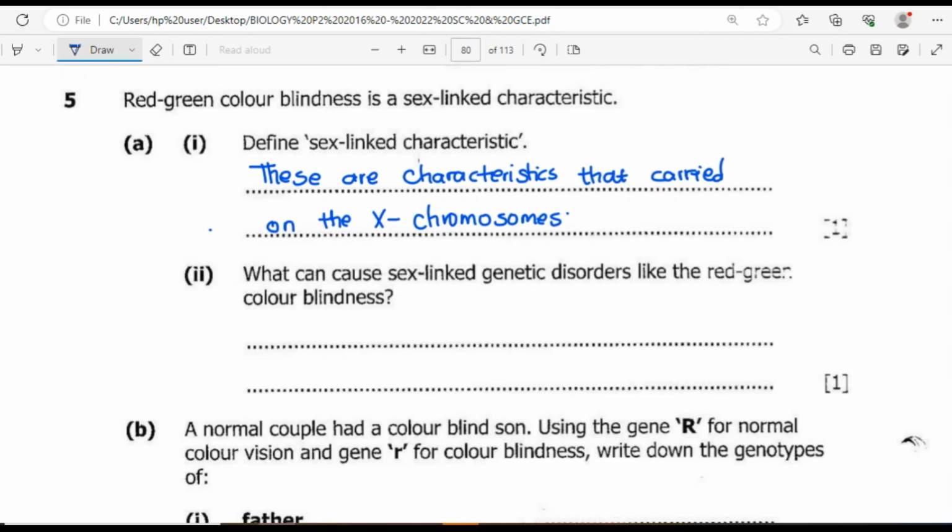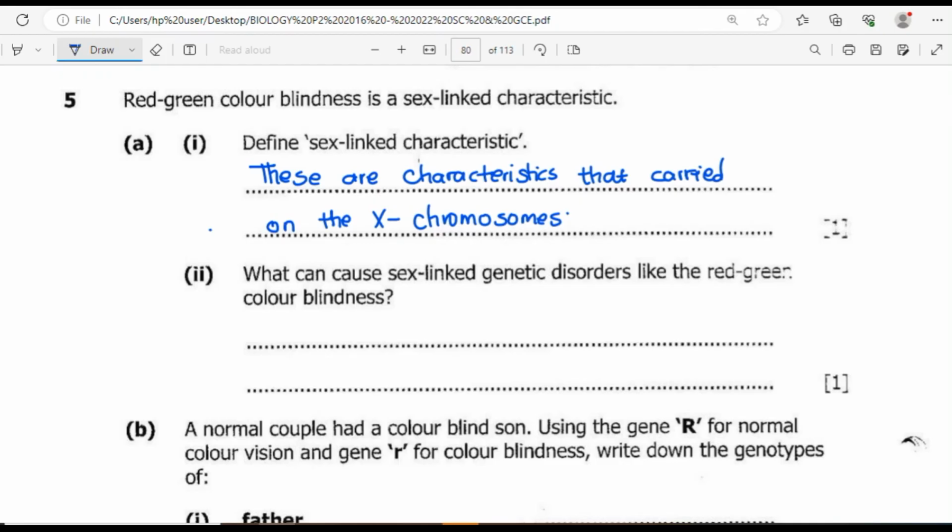The person with such a condition may find it difficult to differentiate because the receptors that are responsible cannot receive these two colors.